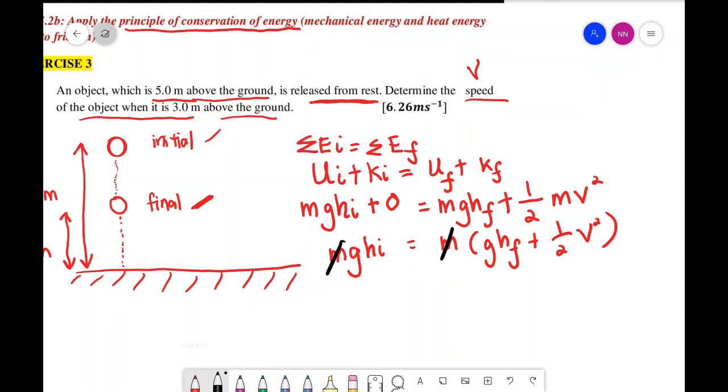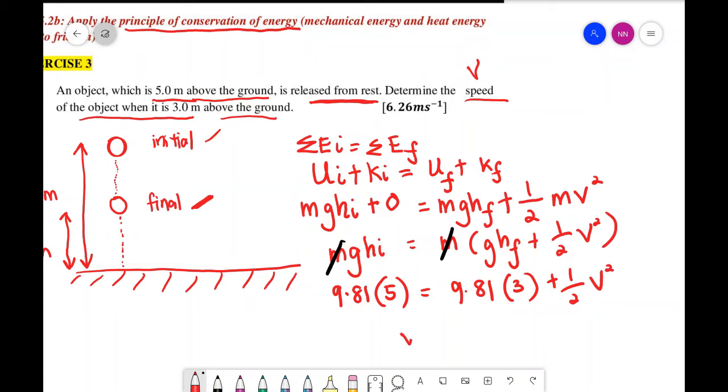Then we can substitute all the values. g is 9.81. Height initial is 5 meter above the ground. Height final is 3 meter above the ground, and v is the unknown that you have to find.